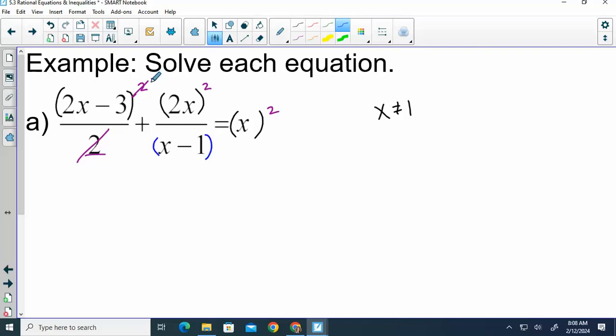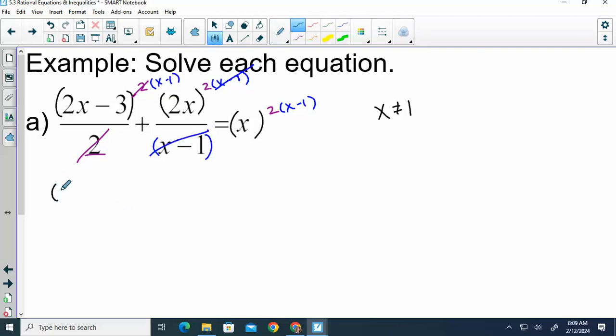So if I want to get rid of an x minus 1, we could take all 3 terms times x minus 1. If we do that, now all my fractions are gone.